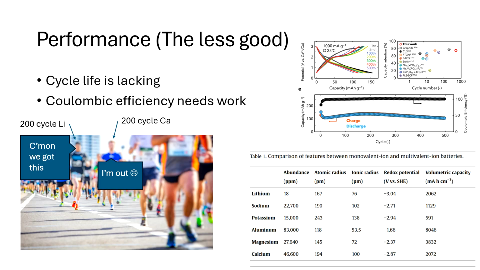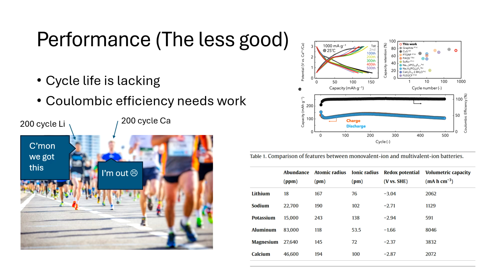So here we come to the cons. A calcium ion battery, unfortunately, has a very low cycle life compared to a lithium ion battery. While lithium ion batteries can theoretically go up to 3,000 cycles for some of the higher end electric vehicles, the highest recorded calcium ion battery was only able to go for about 1,000 cycles.